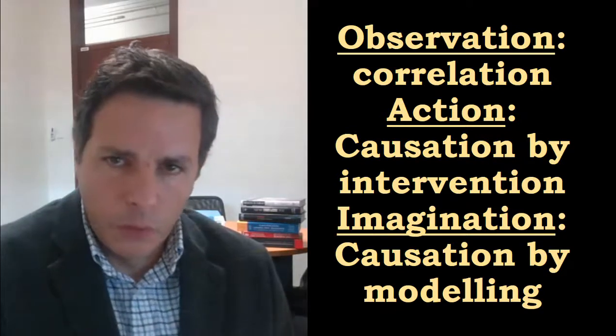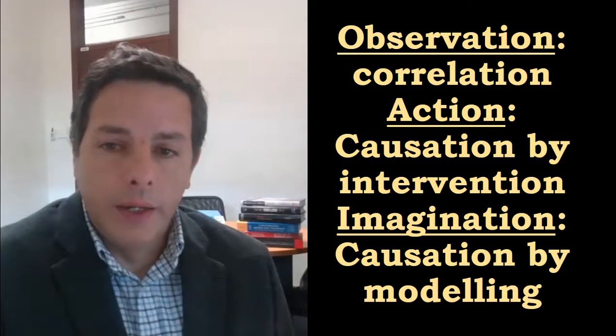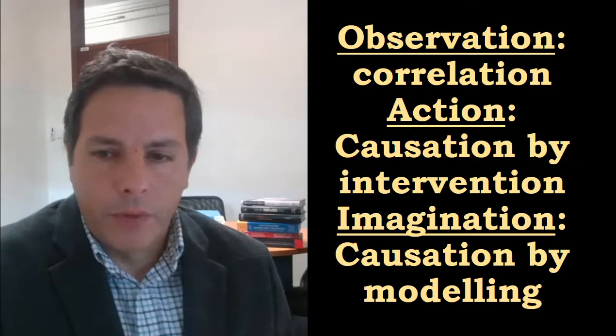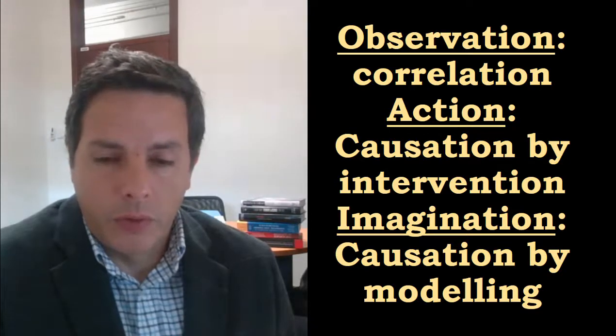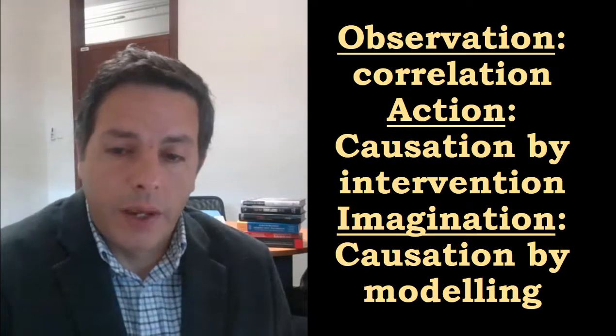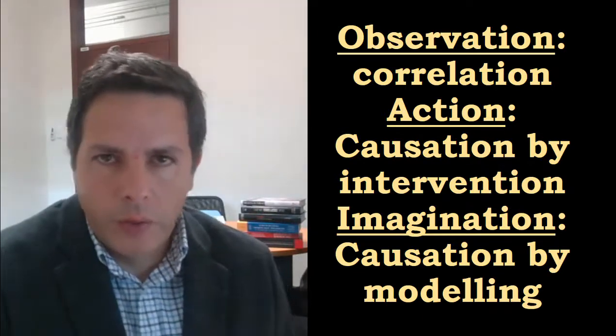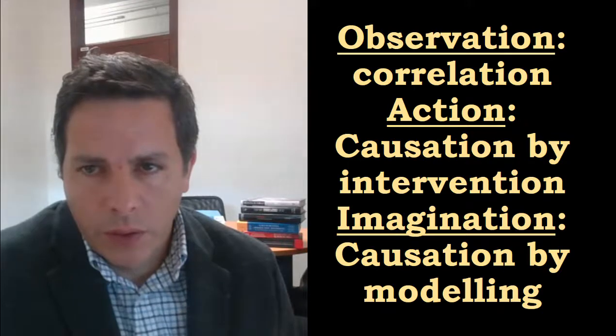So we make an intervention by, for example, if the variables we are interested in are whether a medication reduces anxiety. Medication is one variable, anxiety is the other one.